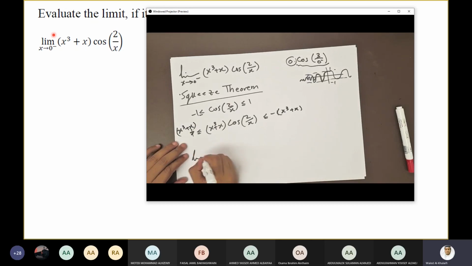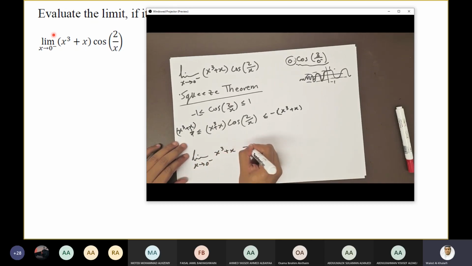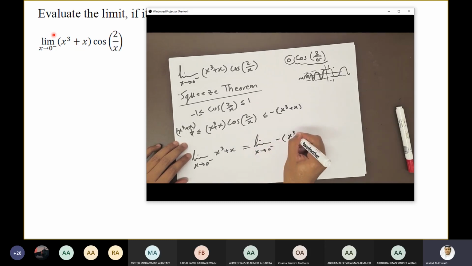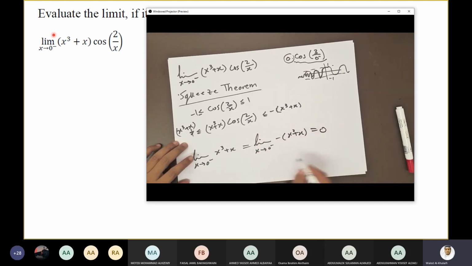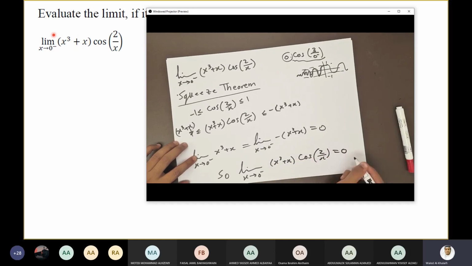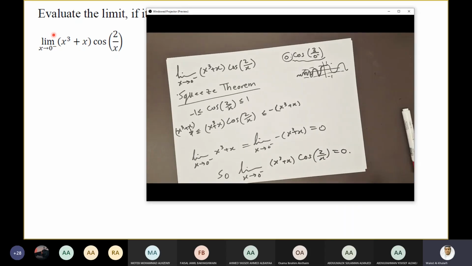Then take the limit as x approaches 0 from the left of minus x cubed plus x, which is equal to 0. So the limit as x approaching 0 from the left of x cubed plus x cosine 2 over x is equal to 0. So the limit of this function is 0.